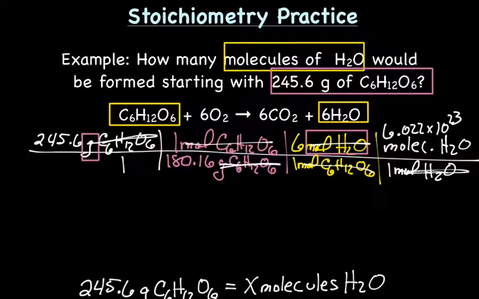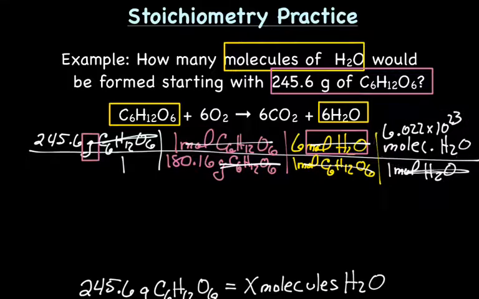So we went from mass of glucose to mole of glucose, and from mole of glucose to mole of water, and then from mole of water to molecules of water, which is what we wanted.